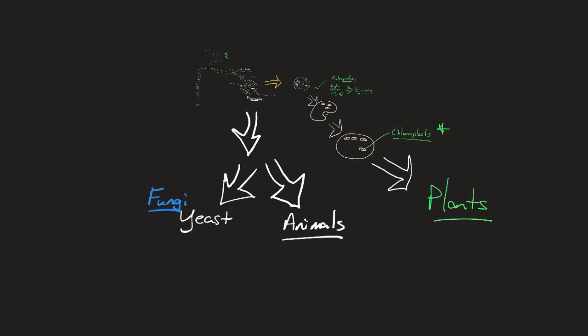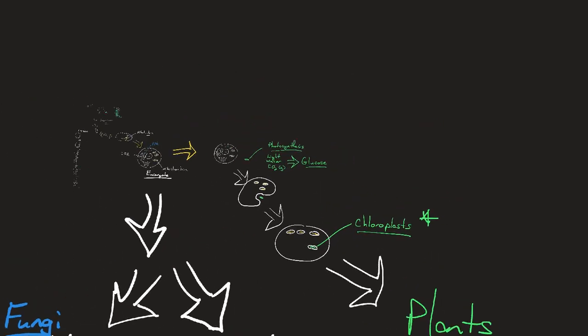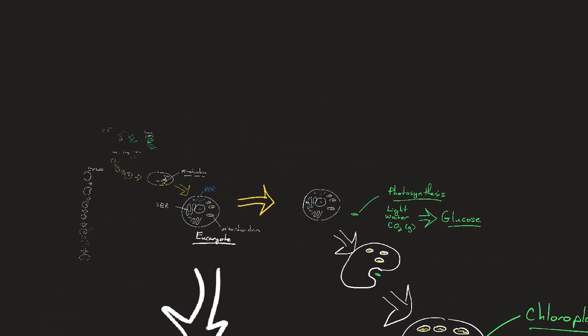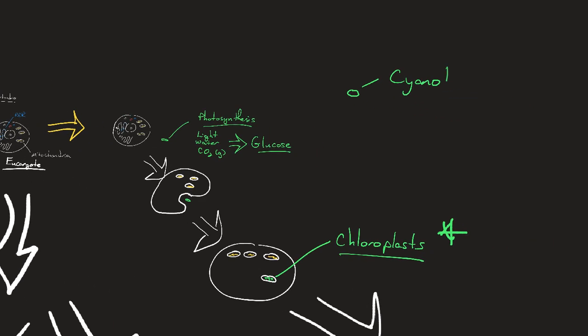Now they're not the only ones that can do photosynthesis, because way back here those bacteria did not go away. They're still here. Some of those bacteria we call cyanobacteria, they're still around.